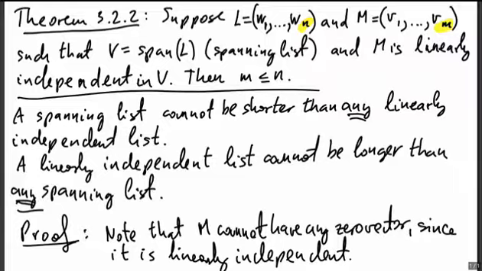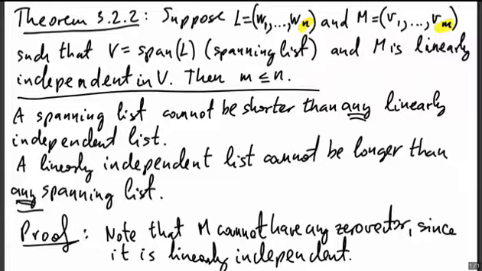So to span a space you need to have a certain minimum number of vectors. Or you can turn it around and say that a linearly independent list cannot be longer than any spanning list. You cannot have too many vectors in a linearly independent list.